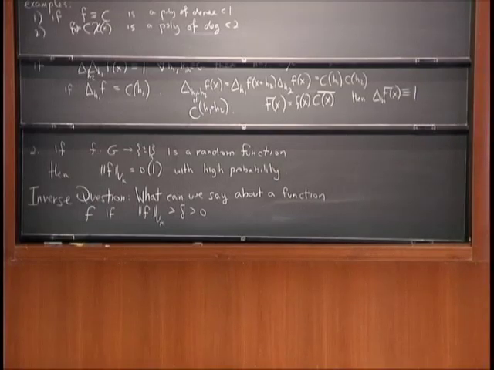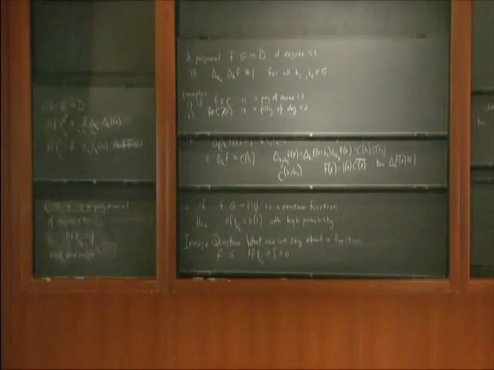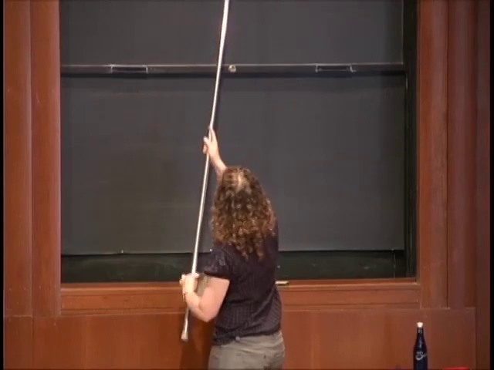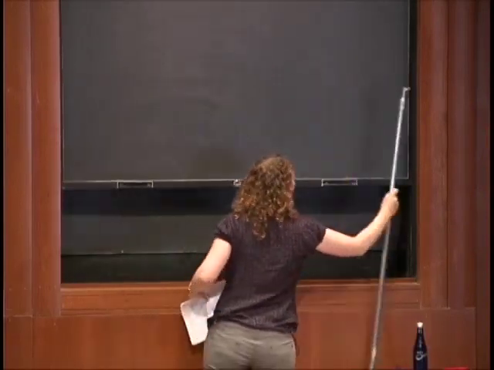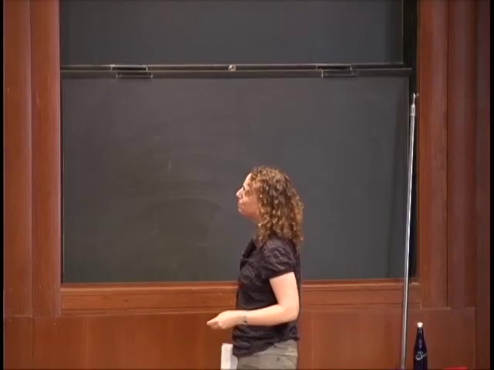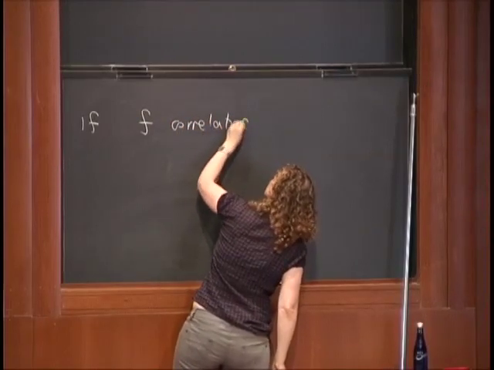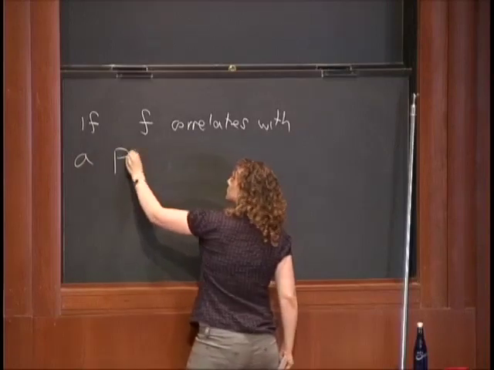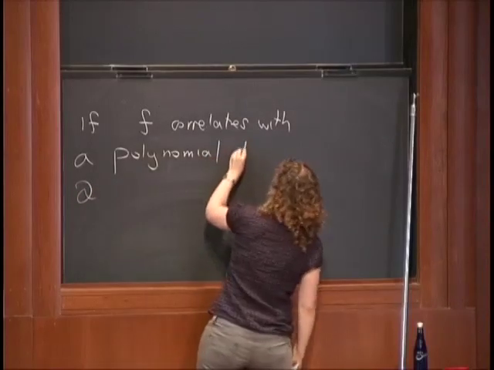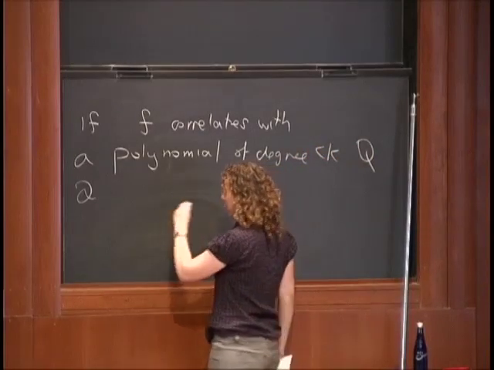So maybe one more observation. Maybe I'll leave this guy up as well. If f were to correlate with a polynomial, okay, so suppose you have some function q of degree smaller than k.